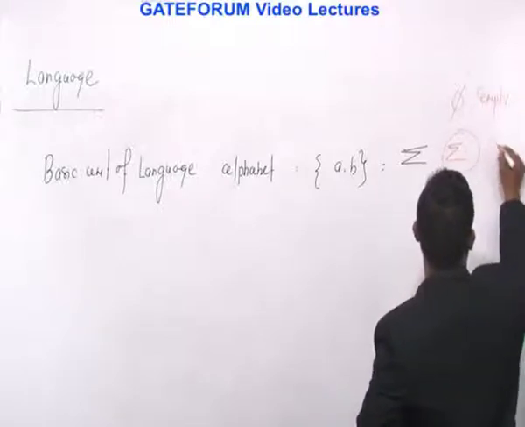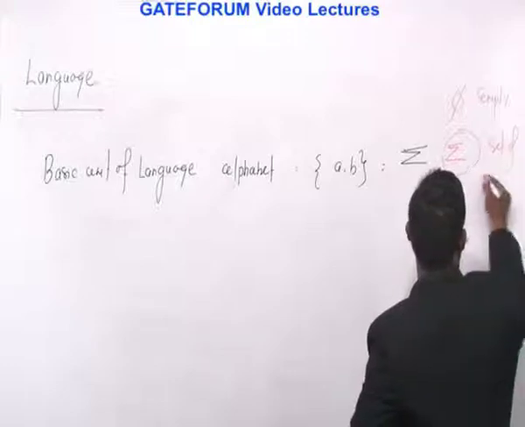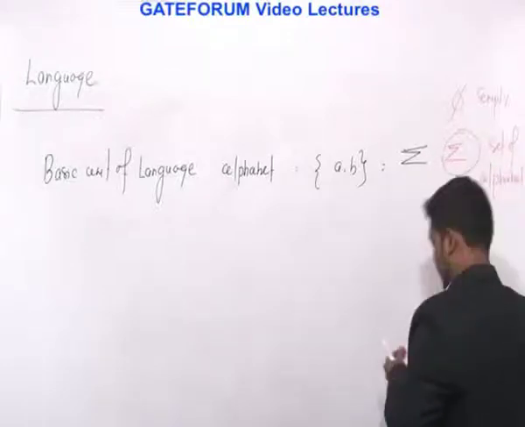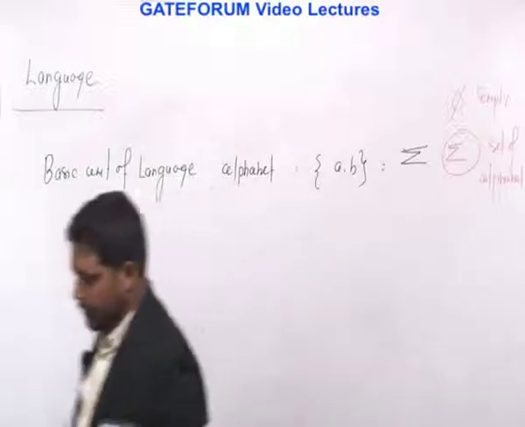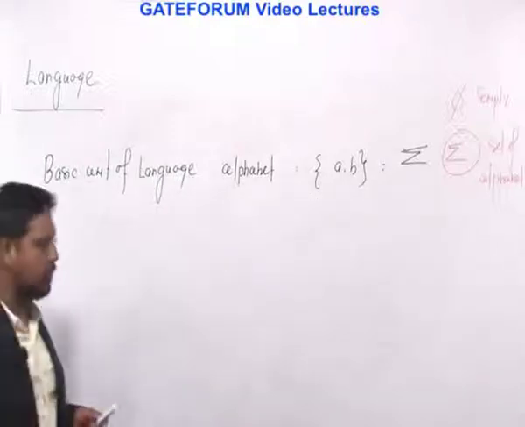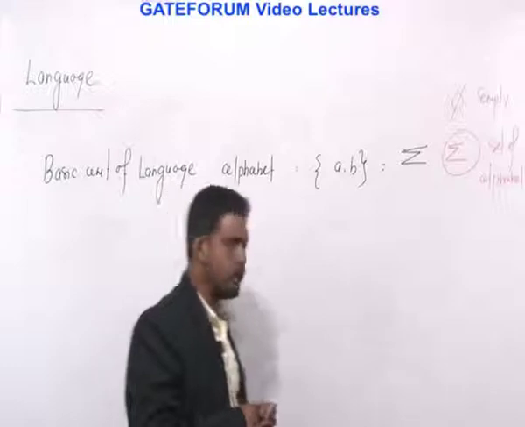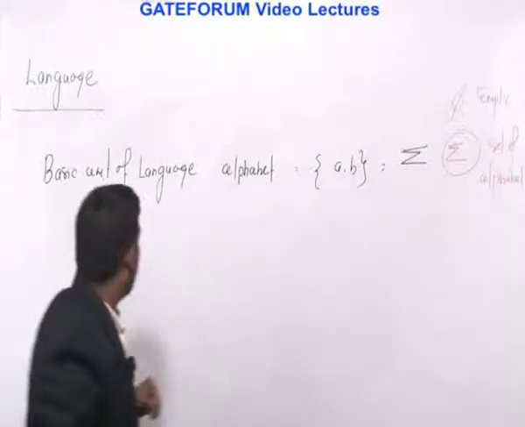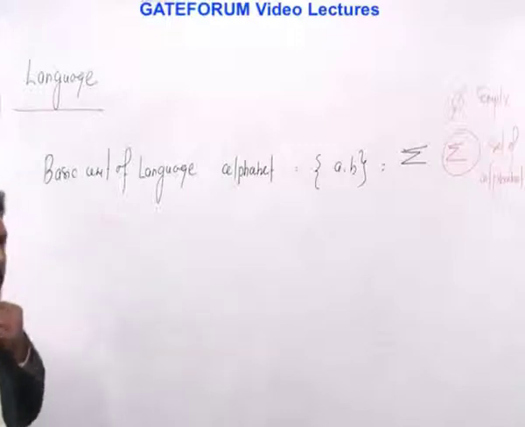Sigma is nothing but the set of alphabet. Notations are important. Later you might be confused with these small things.